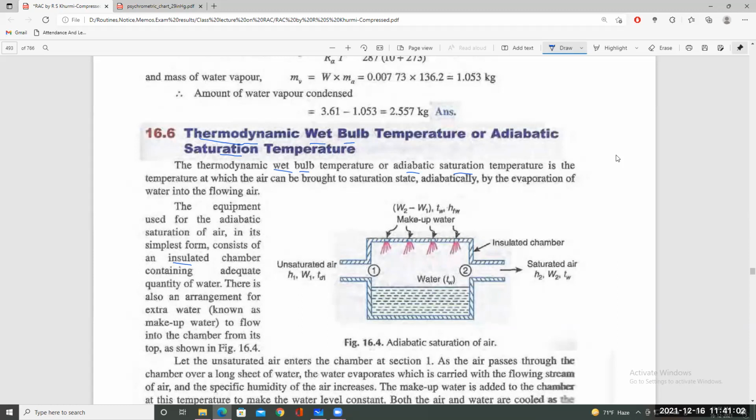If the water level is reduced due to the continuous evaporation, water is to be added from the top, like a spray, and it is defined as makeup water.